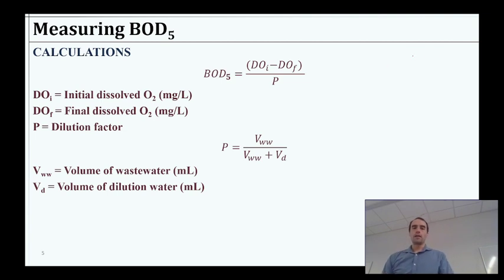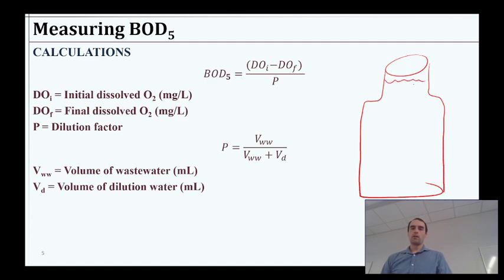Let's say we have our bottle. We've got it filled up to the top basically with our water, and we've got some amount of dissolved oxygen in it in the first place.